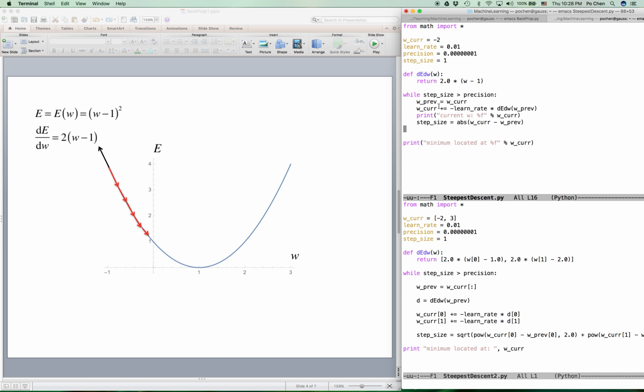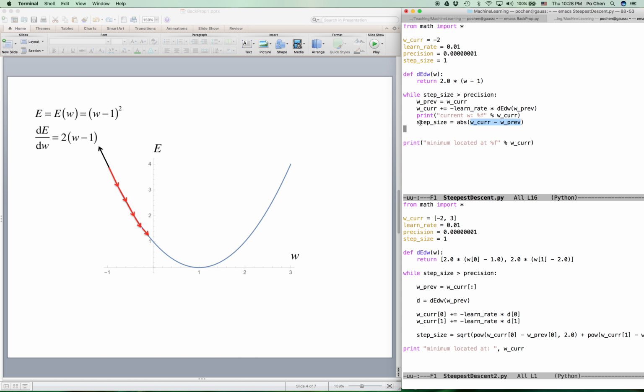So the absolute value of this particular change that we have applied to the current value of W is going to get smaller and smaller as we get closer and closer to the optimal value. As this change gets smaller, the difference between the current value and the previous value is going to become smaller and smaller.